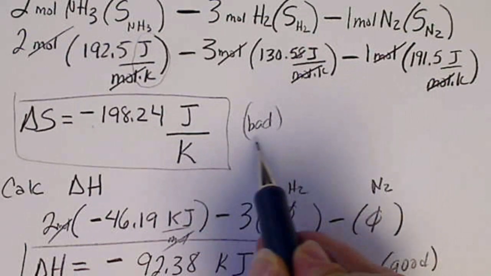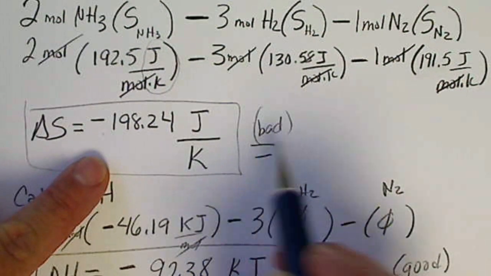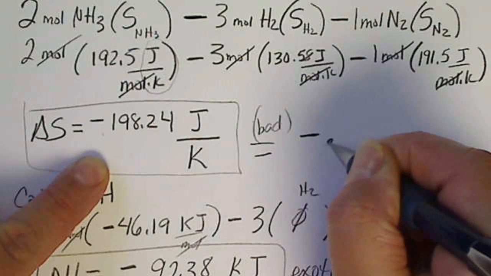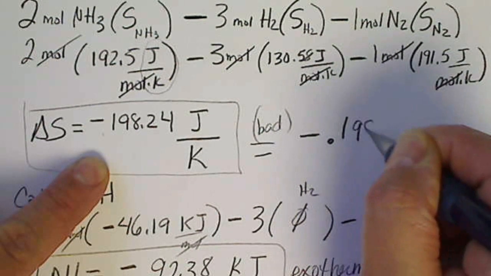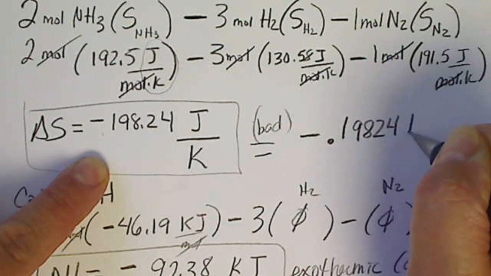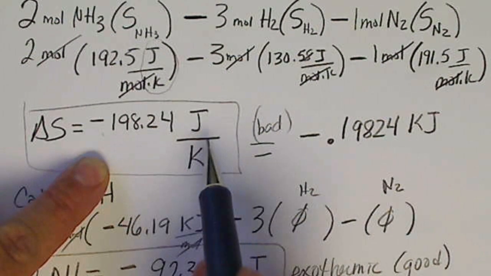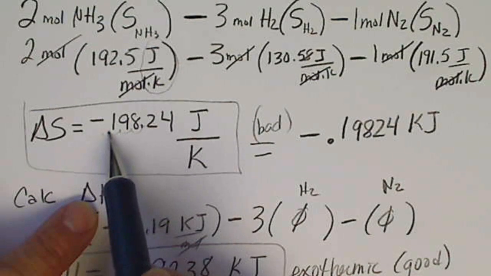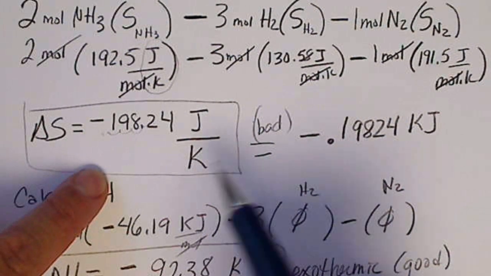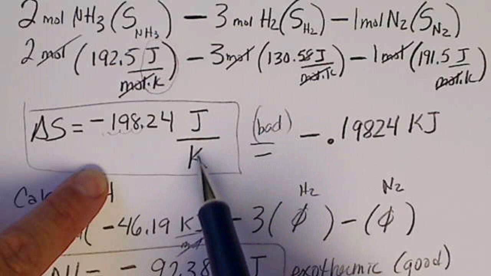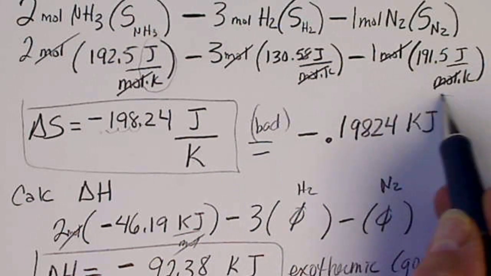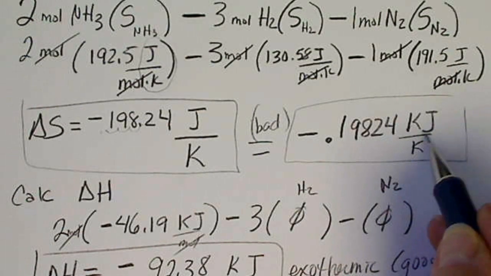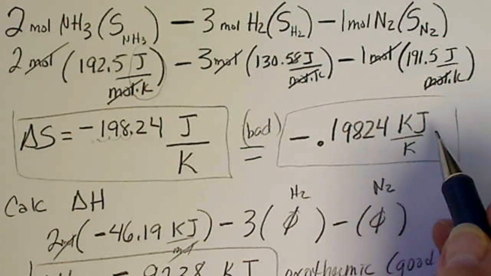So I'm going to change my delta S value up here to be negative 0.19824 kilojoules. So to go from a joule to a kilojoule, we move the decimal 3 places to the left, which is the same as dividing by 1,000. There's 1,000 joules in a kilojoule. So our delta S term now is in the correct kilojoule units.